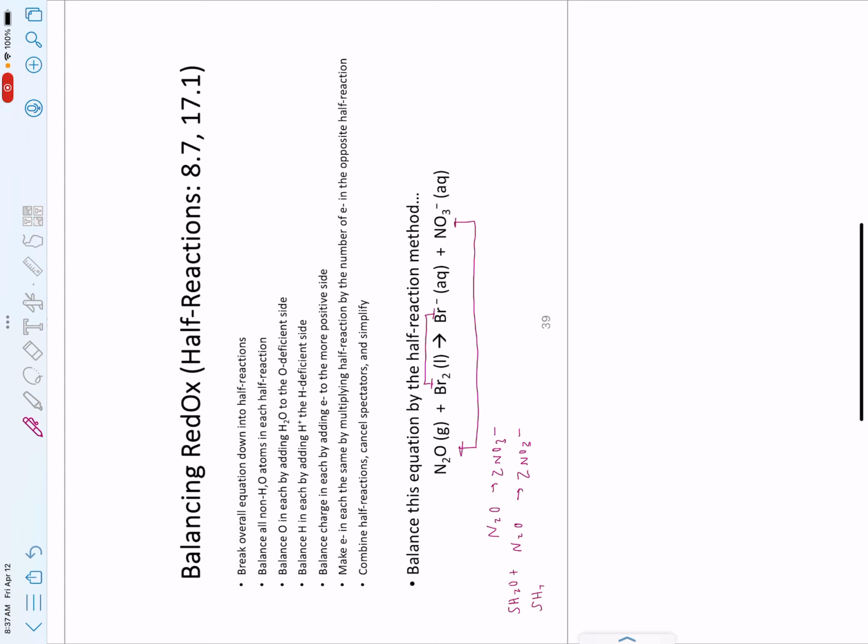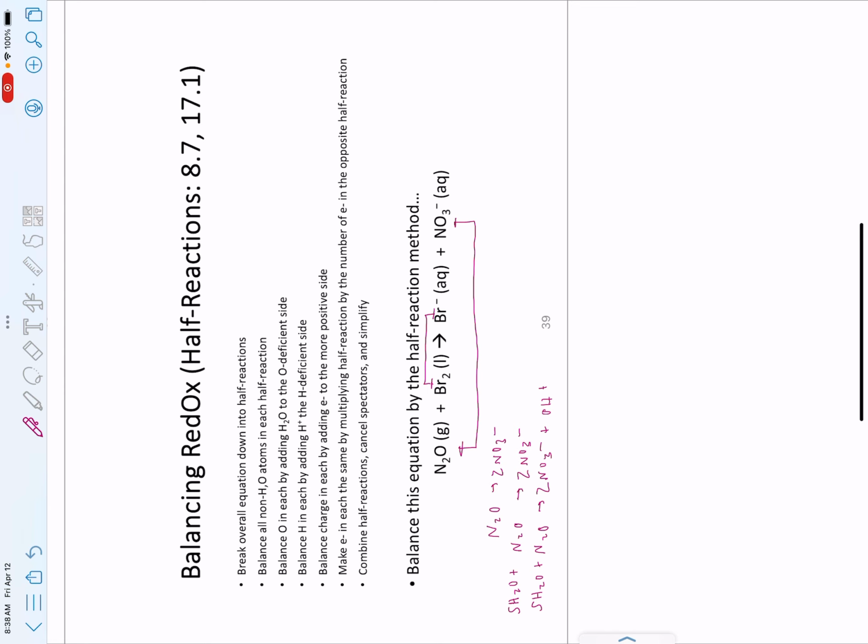So now I've balanced all of the mass, all of my elements are balanced. The last thing I need to do is balance the charges, right? Now I know in this half reaction, my electrons are on the reactant side, that's a reduction. So if this is truly an oxidation reduction reaction, my electrons have to go on the right-hand side in the nitrogen, right? So let's check that.